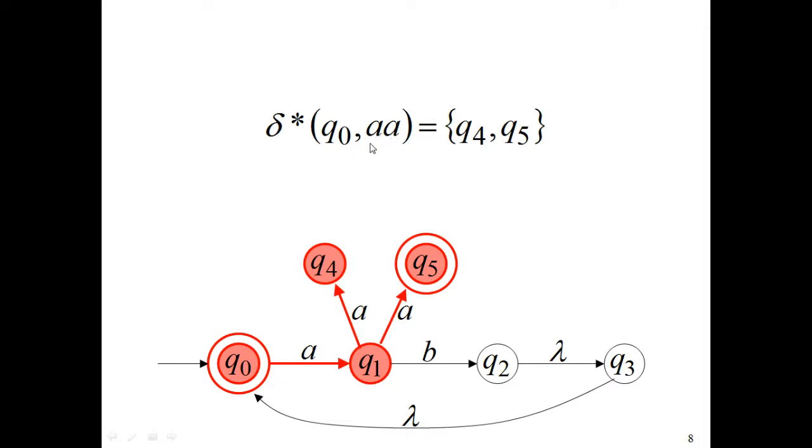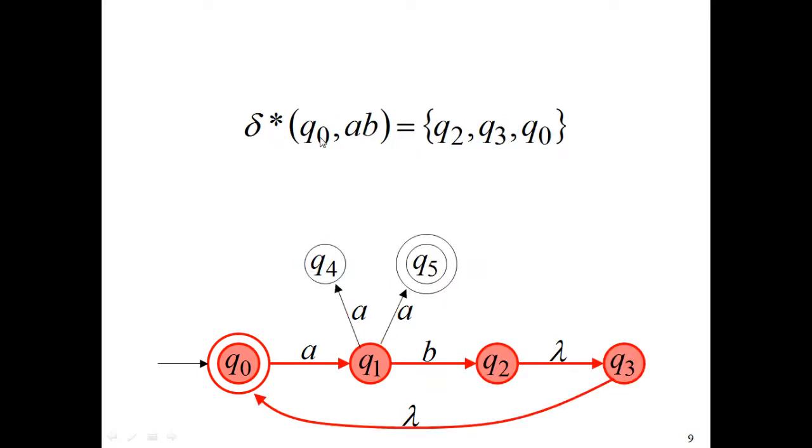As I said earlier, we process more than one input alphabet. For the first A we have reached state Q1. For the second A, we check from Q1 where it reaches after taking the input alphabet A. In the diagram it reaches two states, that is Q4 and Q5.